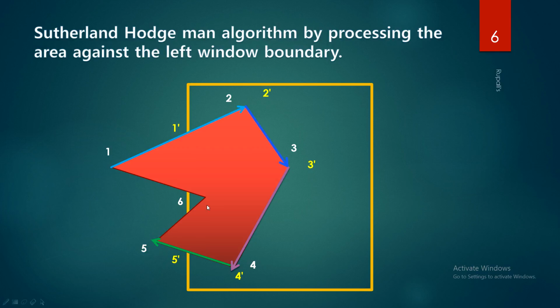Now from 5 to 6, the first vertex is outside the window boundary and the second is inside the window boundary, then save the intersection point and the inside vertex. This one is 6 and this one is 7 dash. And if the first vertex is inside and the second one is outside, then save only the intersection point.